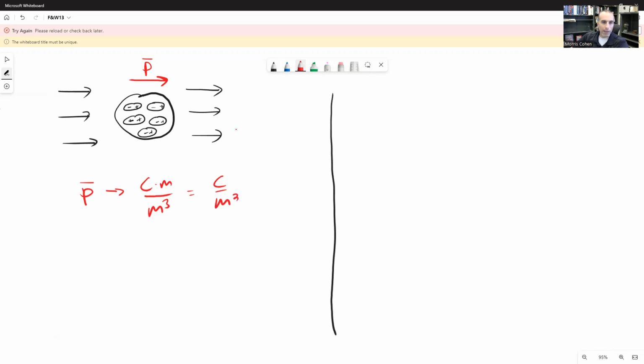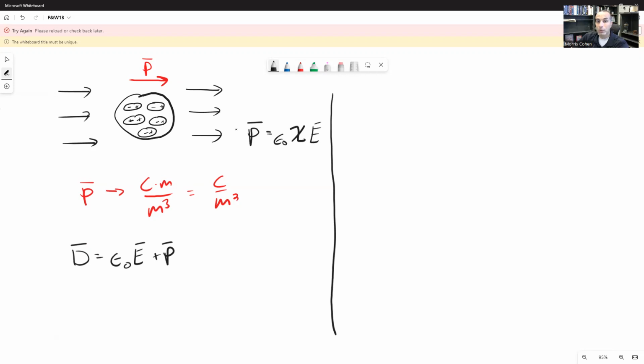And from that, we figured out that the relationship between D and E can be written as follows: D equals epsilon naught E plus P. We then approximated that P will equal epsilon naught times some susceptibility times the electric field.